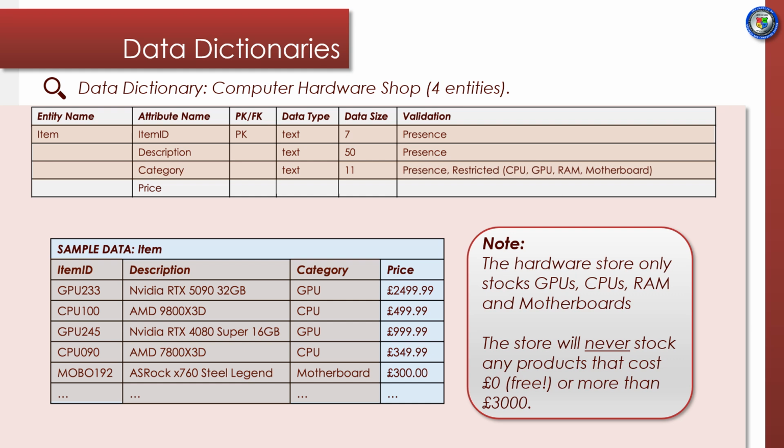We would have a presence check there, but we'd also have a restricted choice, and we did say in the note here that the hardware store would only store GPUs, CPUs, RAM and motherboards. So we have 4 options there, and when we're given those specific options, we can put that restricted choice in place.